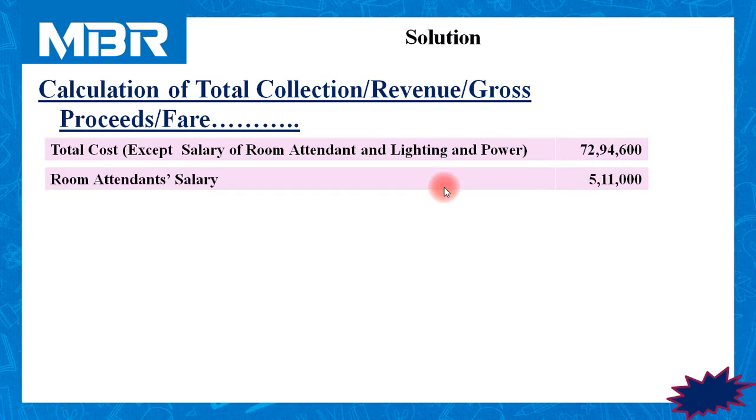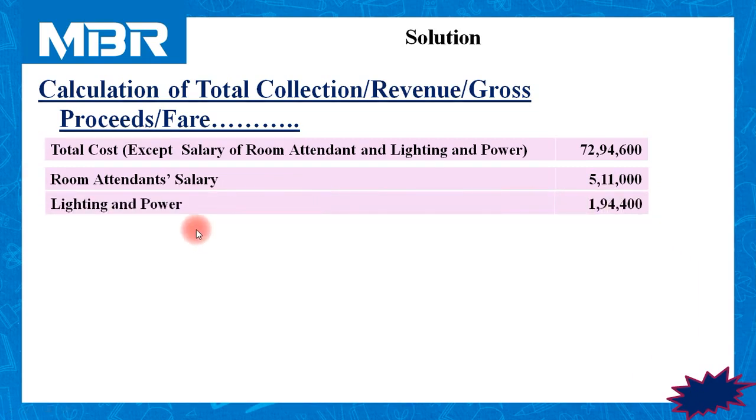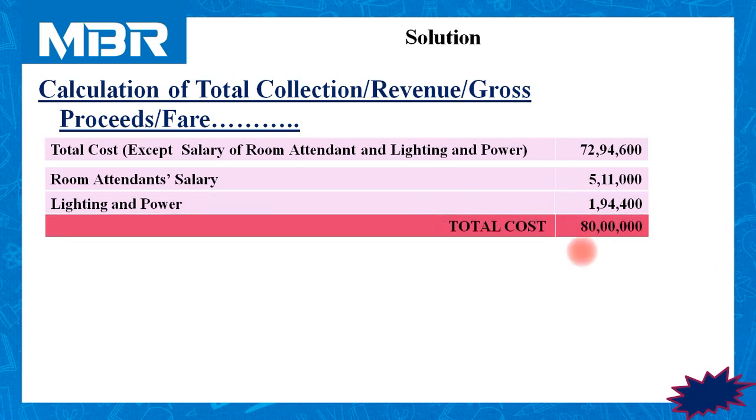So we need to add salary paid to room attendant, 5,11,000, that we have completed just before a few minutes. Lighting and power costing rupees 1,94,400. In this way, we have incurred total cost of rupees 80 lakhs on operating the services of the hotel.